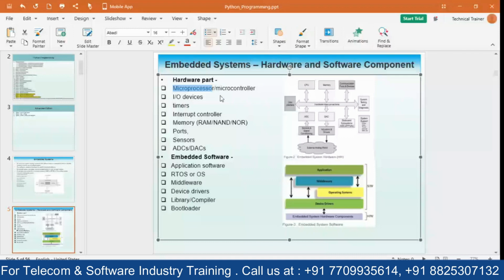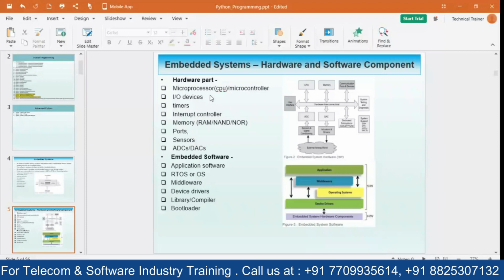CPU is the central processing unit. Basically, the microprocessor is a chip embedded in your laptop. When you speak, it will give the command to the CPU, which tells the hardware in the network system, because the audio is going over the network.